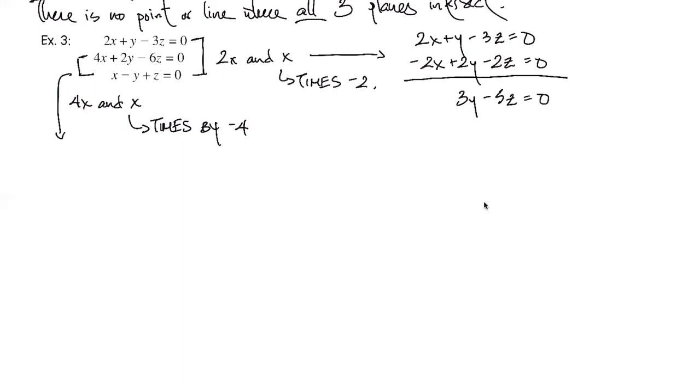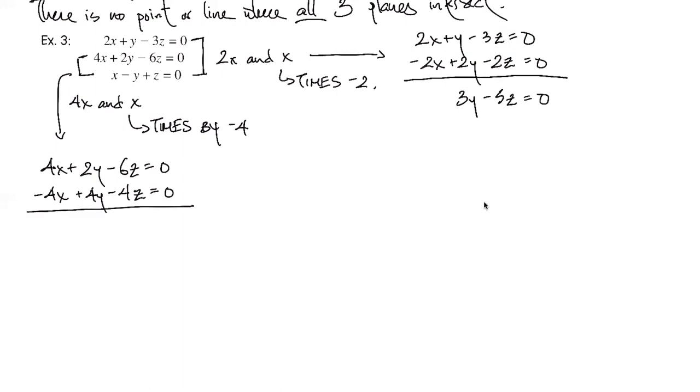Okay, so 4x plus 2y minus 6z equals 0. Now let's multiply the bottom equation by -4. -4x plus 4y minus 4z equals 0.